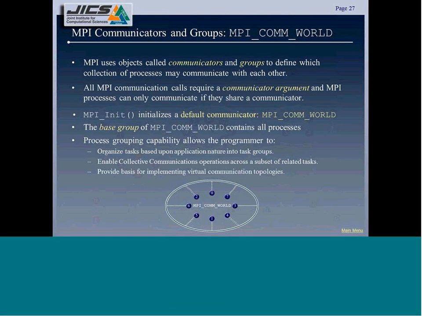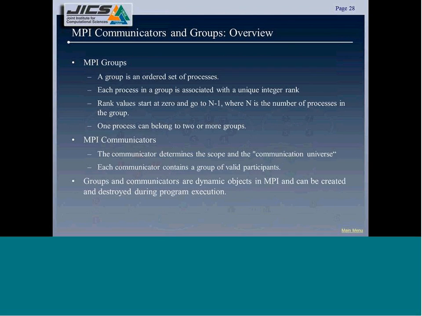That communicator name is what you'll use in your MPI broadcast. Also, creating your own groups and communicators will allow you to implement virtual communication topologies, which I'll show in a couple of minutes.